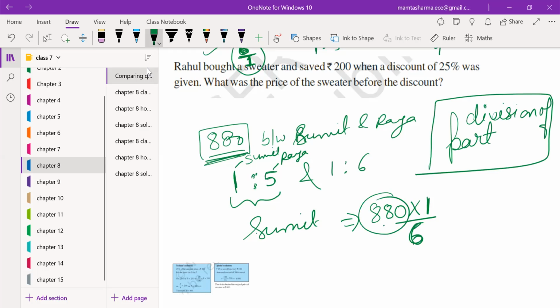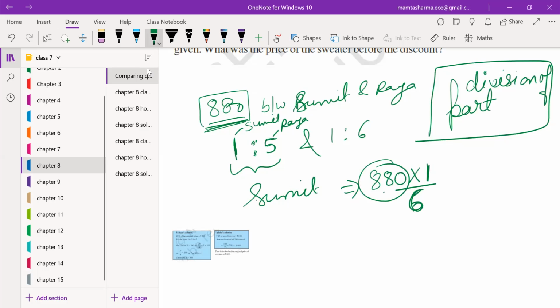See, you can understand this question as if... Ma'am, I would understand easier if you do 1 by 6 into 880. Yes, 1 by 6 into 880. Similarly, Raya part would be 5 by 6 into 880.